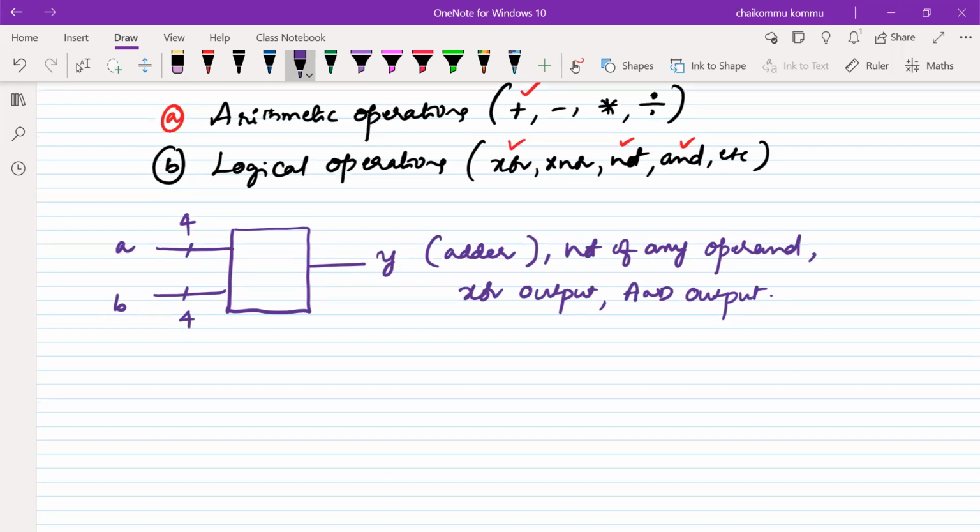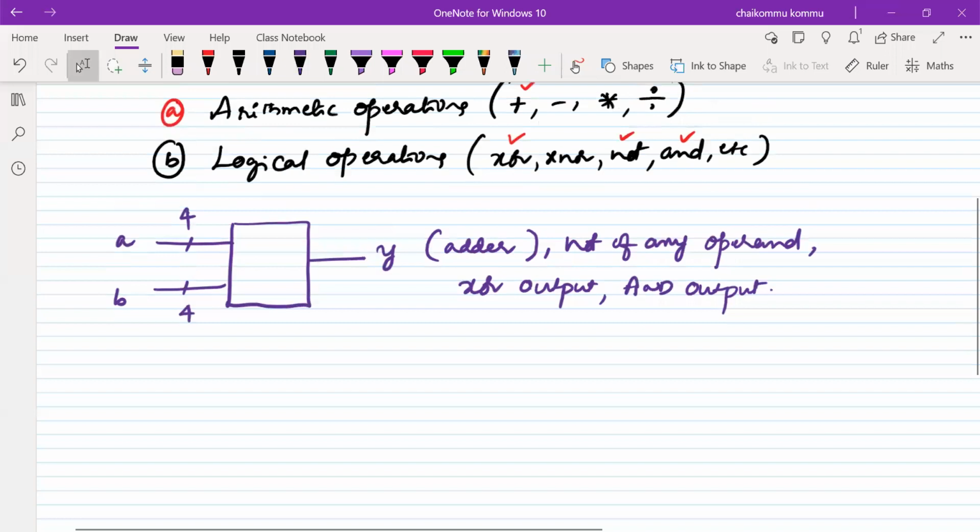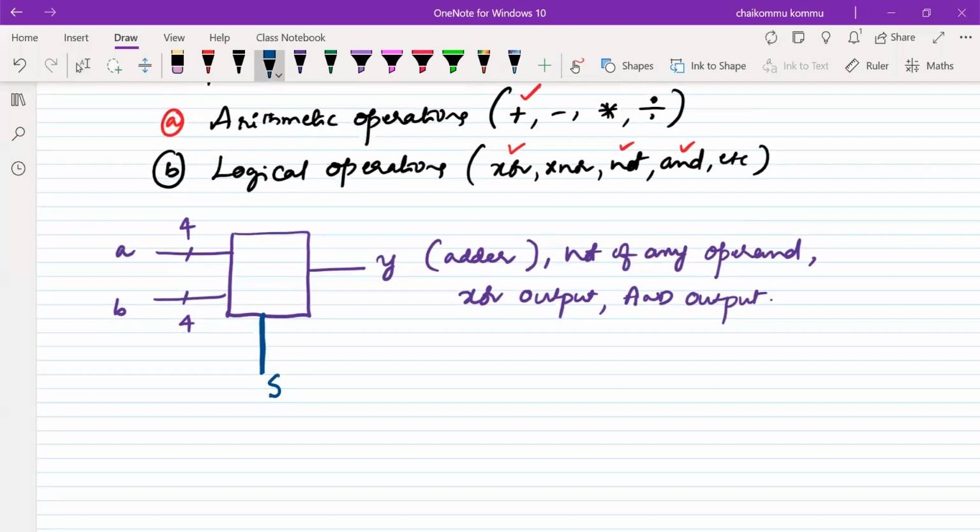So that's the reason why we are going to use one selection line. That selection line is responsible for deciding whether Y is the adder output, NOT output, XOR output, or AND output. If we have 4 outputs, what is the size of S? S must be 2 bits.